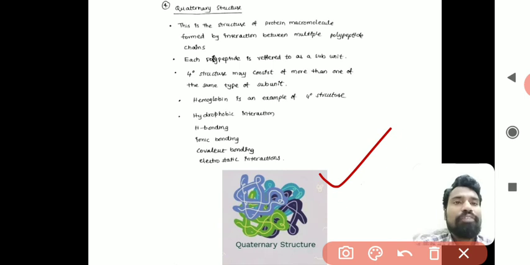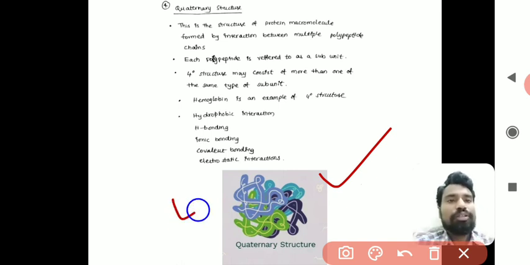This is a very complex structure. Each polypeptide chain is referred to as a subunit.